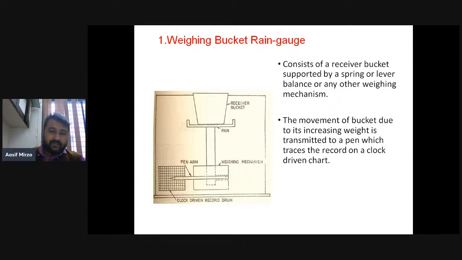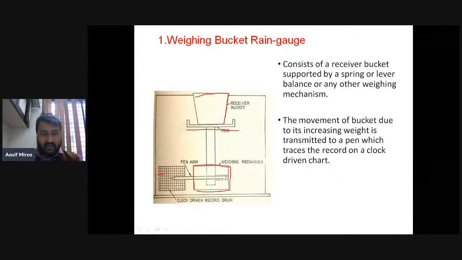You can see here, this is the receiver bucket, which is placed on the pan. This pan is attached to the weighing mechanism, and according to the weight of the receiver bucket after getting the rainfall into it, the pen arm will draw on the record drum how much the rainfall is.